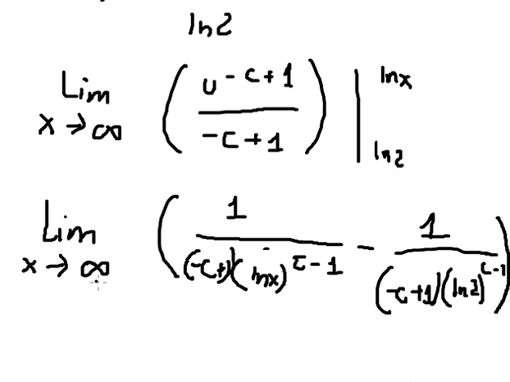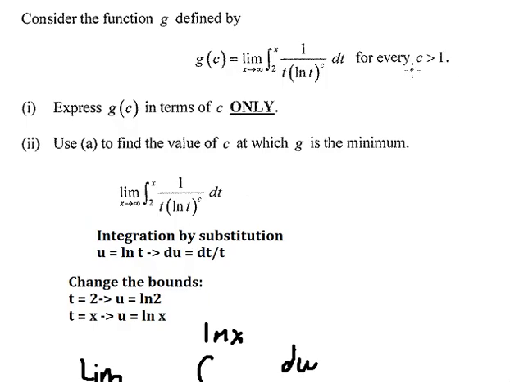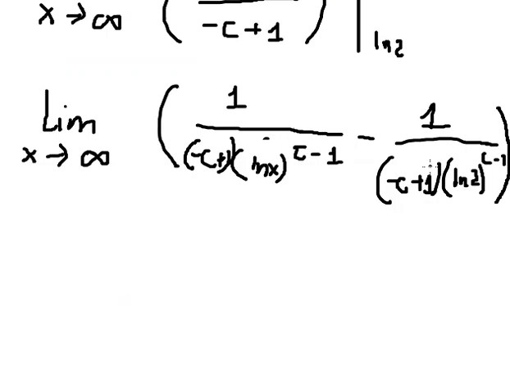So when s approaches positive infinity, f(s) will go to positive infinity. And we know that c is greater than 1. That means c minus 1 is greater than 0.